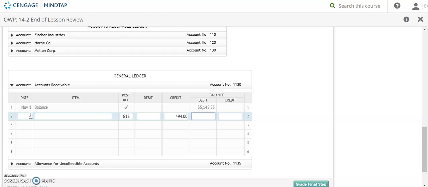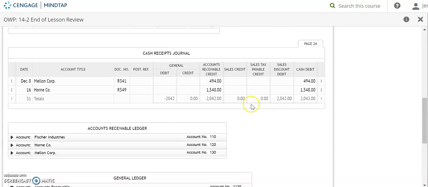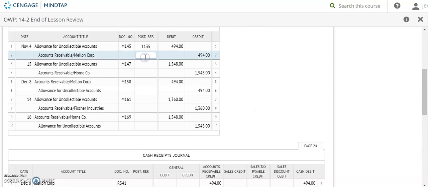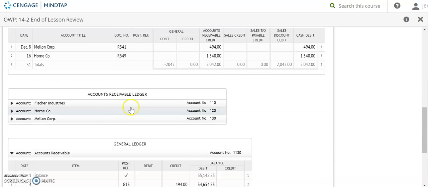My new balance is $34,654.85. Account number 1130 will go back up. And after that account number, I'm going to put in that slash. And now I'm going to go post to Mellon Corporation. Now, when I click away from that, it'll turn red, but that's because I'm not completely done posting that account or that number yet.